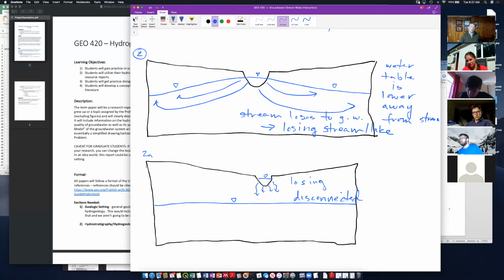So, for example, where Lolo Creek comes out of the Lolo Canyon and into the Bitterroot Valley, or any of those Bitterroot streams come out of the Bitterroot mountain block and out into the Bitterroot Valley, they're often losing disconnected. So here they lose very rapidly generally to the water table.